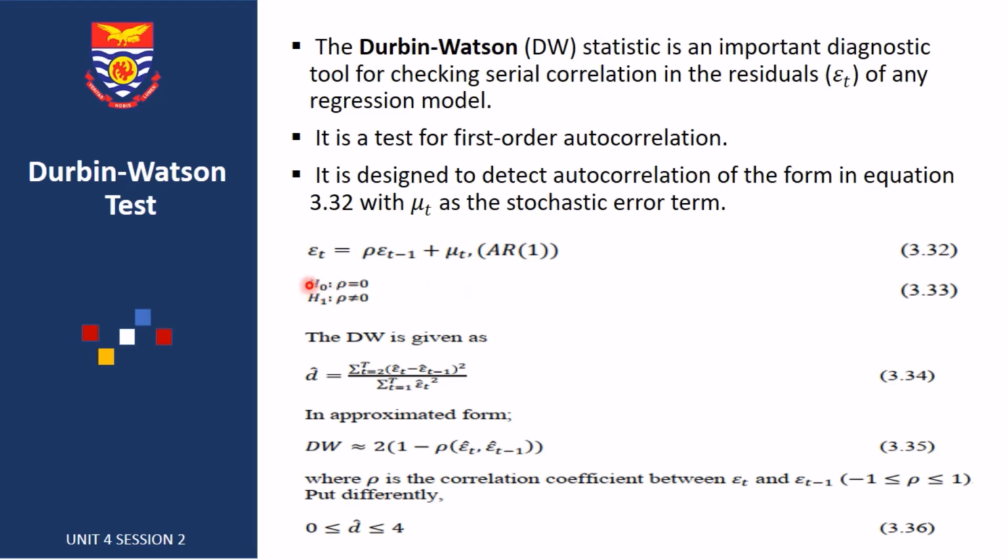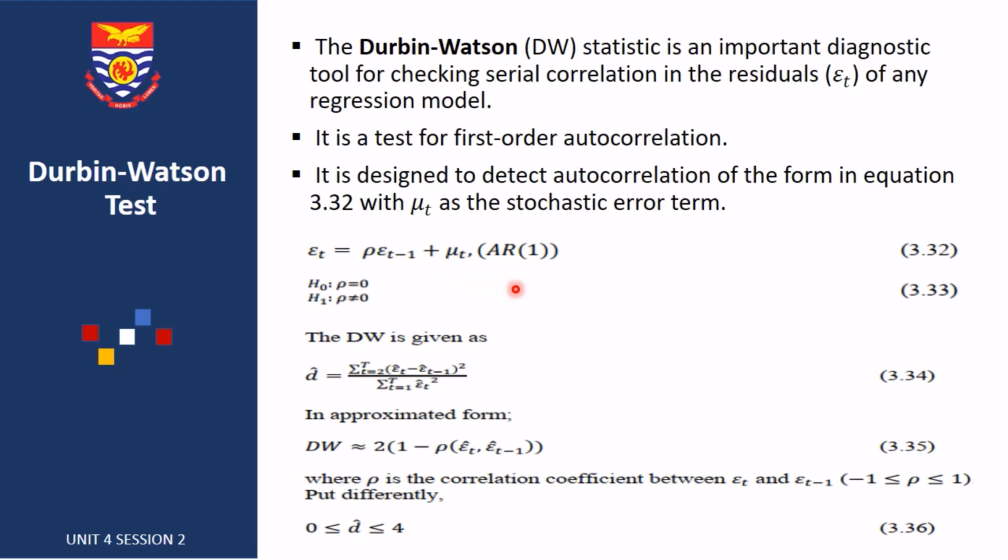We are modeling the residuals, and rho represents the correlation coefficient. So we are looking at the correlation coefficient times the previous residual, plus the stochastic error term, which is a random term.